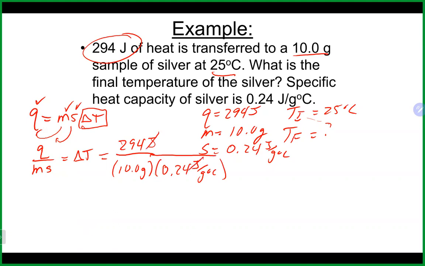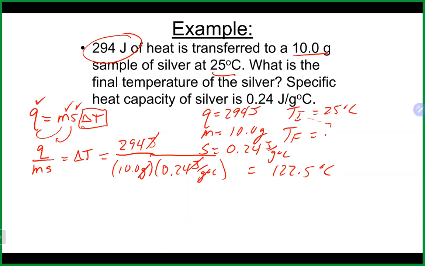Joules will cancel, grams will cancel. When we divide it, the degree Celsius comes to the top, and that is our units. So 294 divided by 10, and then divided by 0.24, going to give us like a 122.5 degrees Celsius.